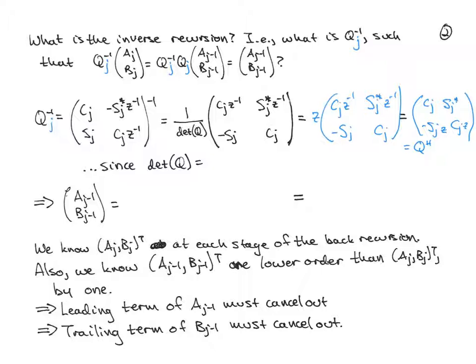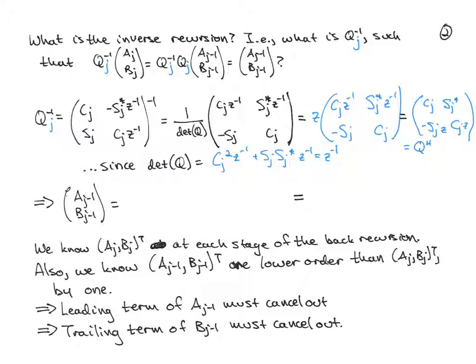And we go from here to here by taking advantage of the fact that the determinant of q is c sub j squared times z inverse plus s sub j squared times z inverse, which is equal to z inverse, right? Since c squared plus s squared is equal to 1.